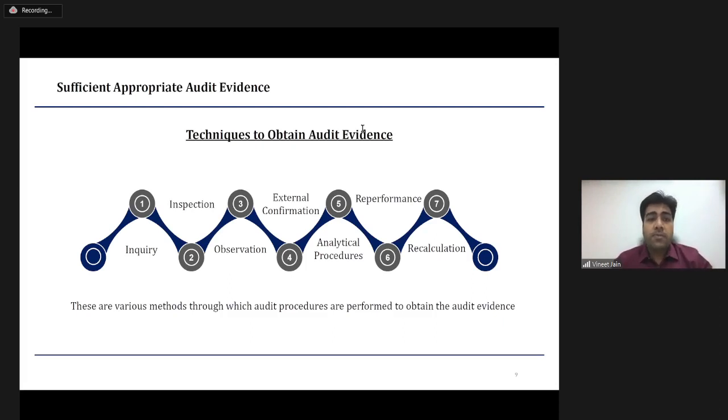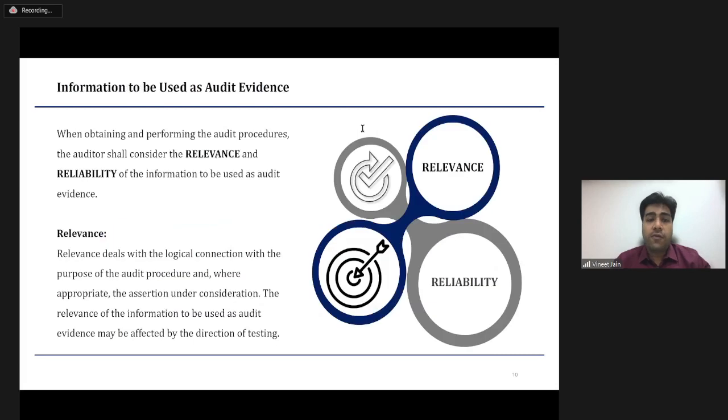Now moving on to the second aspect of SA 500, we will talk about information to be used as audit evidence. Whenever we are performing any kind of audit procedures and obtaining information to be used as audit evidence, we need to consider the relevance and reliability of that information.